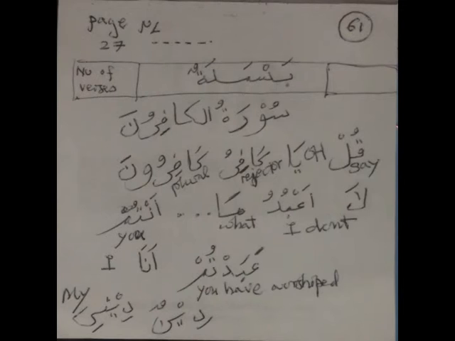La is don't. A'budu is I worship. So la a'budu is I don't worship. And ma is what. And antum is you plural. And abattum is you have worshipped. And then ana is I.